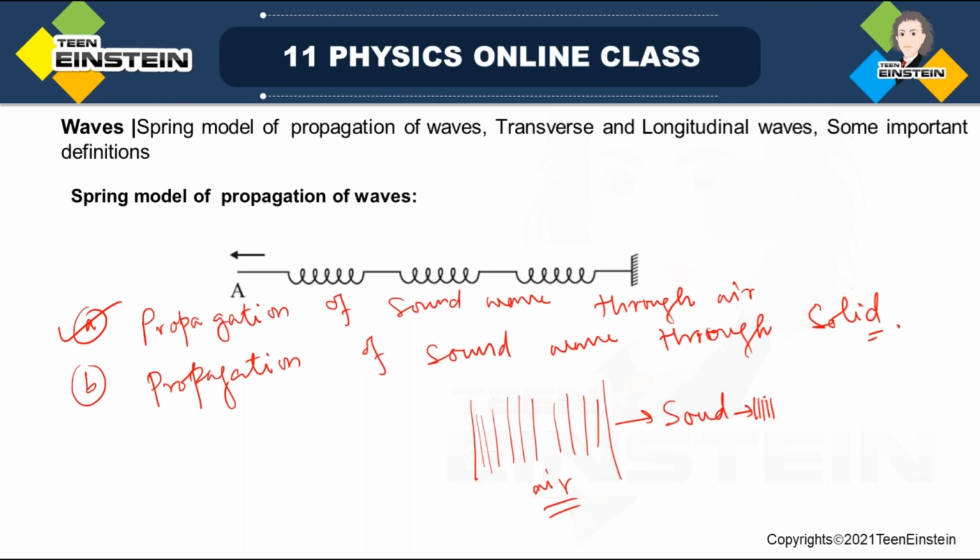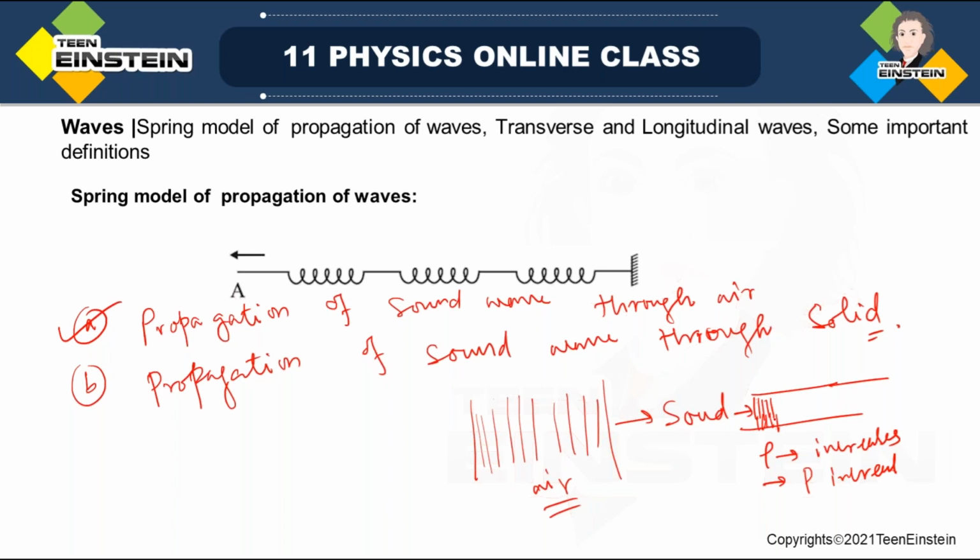That means the layer of the air in this region will get compressed. So due to this compression, what will happen? The density rho increases. If rho increases, then pressure also increases.